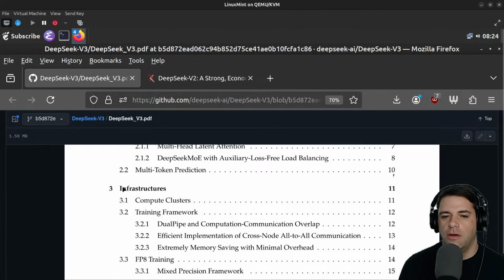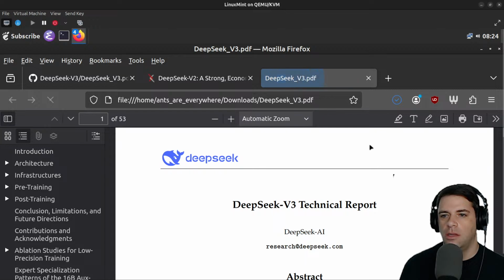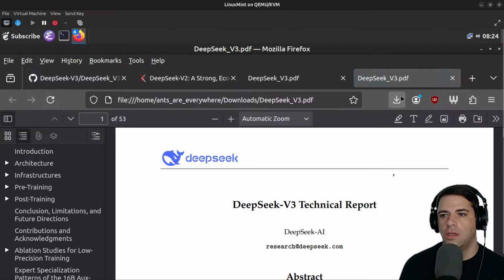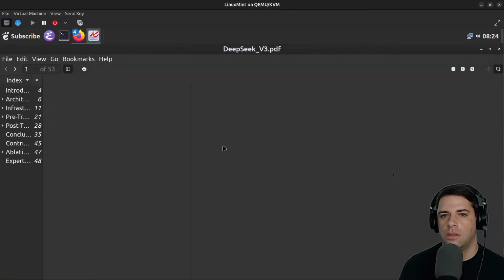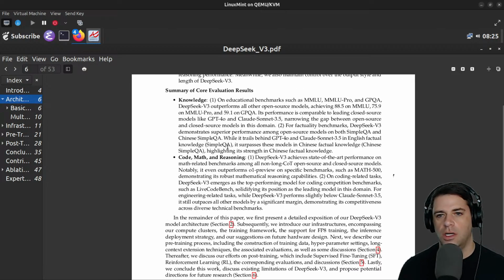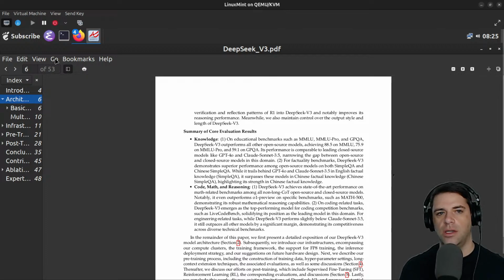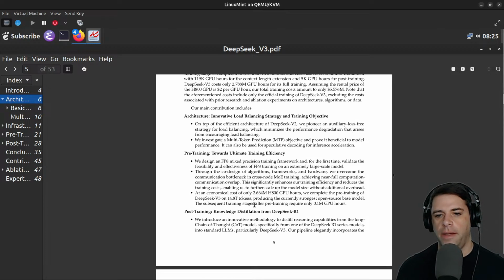For V3, it seems like the main new things are some knowledge distillation from DeepSeek R1, the paper that we looked at yesterday.